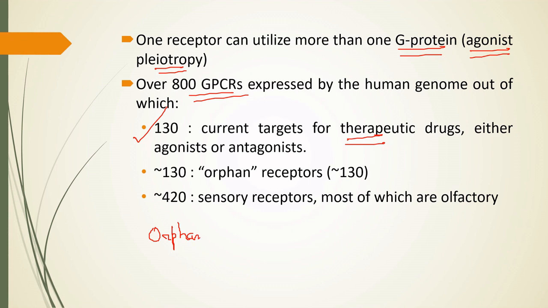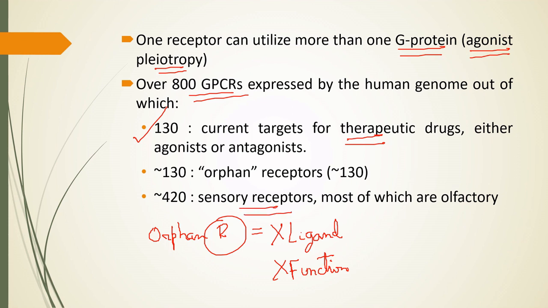Orphan receptors means that basically we don't know what the ligand of the receptor is. And also we don't know the exact function of that receptor. And 420 are sensory receptors, most of which are olfactory.